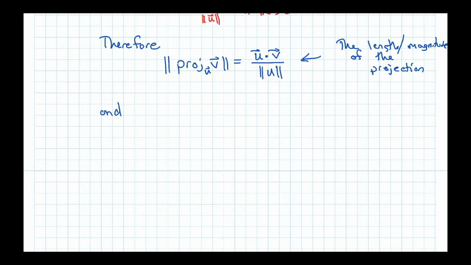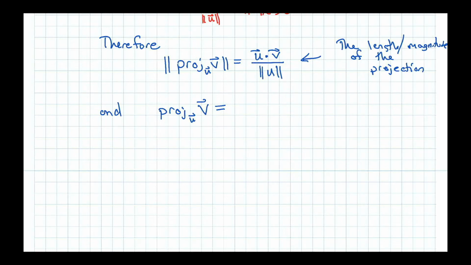But if we want to know what the actual vector is, how would you calculate the actual projection itself? You have to think back to how we found unit vectors and vectors that were a certain length in a particular direction.